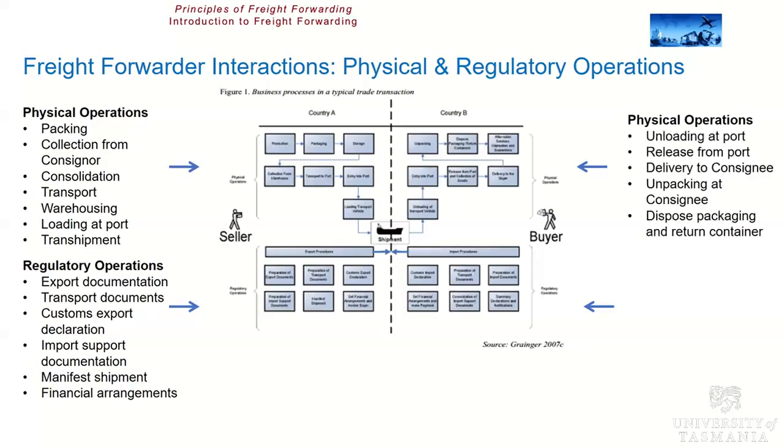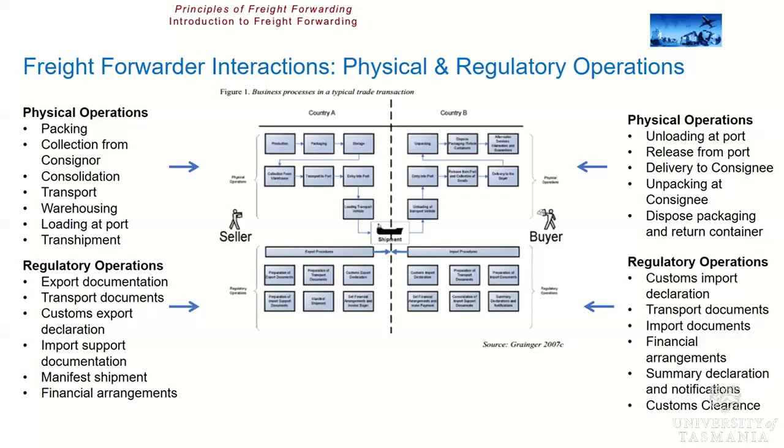On the import side, the unloading, the release, the delivery to the consignee, the unpacking at consignee, disposing of packaging, return container, are pretty well encapsulated. So I don't think there are any new areas that we can add to there. And regulatory operations, the documentation that goes with each of those activities. So it's one of physical and one of documentation.